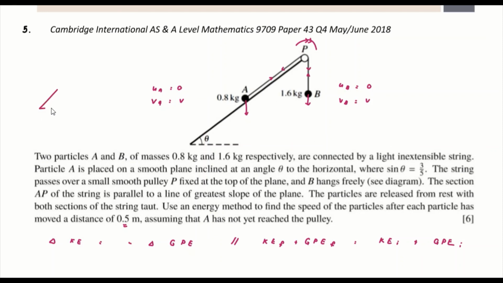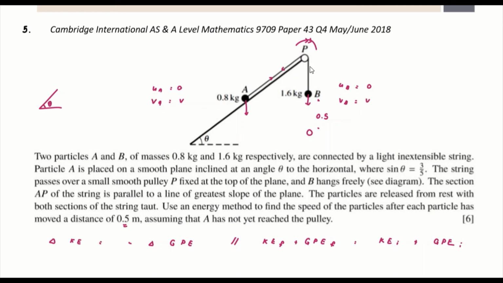We have theta. Please remember when you talk about the distance here, the 0.5 is basically like, if this particle is dropped here, then from here to here is 0.5. That's nothing wrong. But when you talk about this one, the slanted distance is going to be your 0.5.